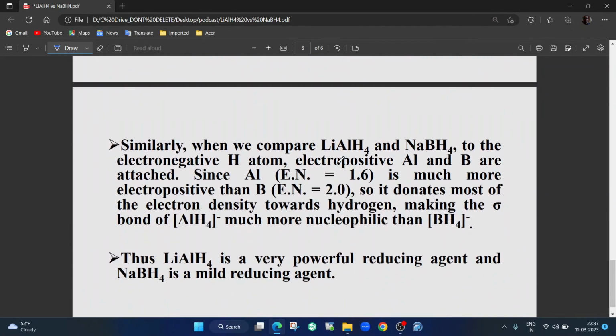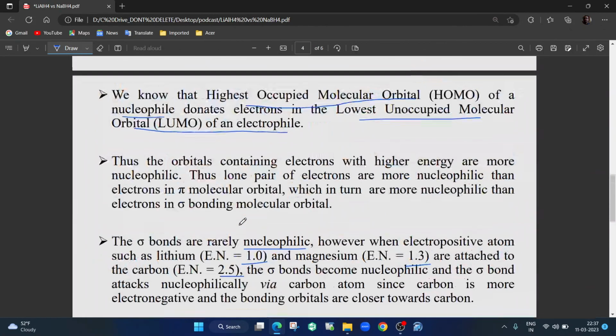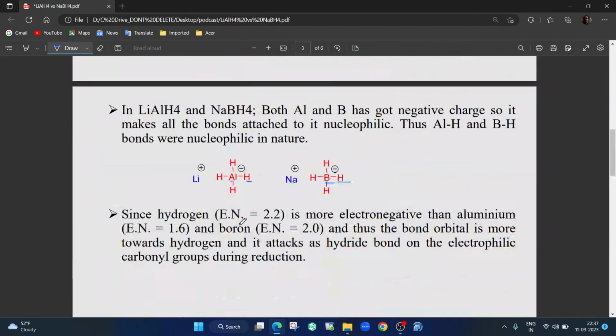Similarly, in LiAlH4 and NaBH4, aluminium has electronegativity of 1.6, boron has 2.0, hydrogen is 2.2. I'll go back to the picture so it makes more sense. Sorry, not aluminum, boron we are considering. So aluminium was 1.3, I guess.